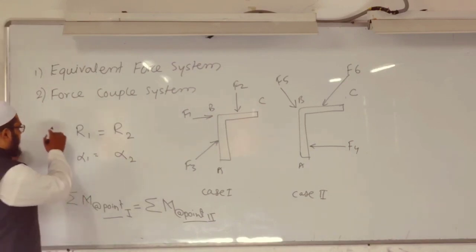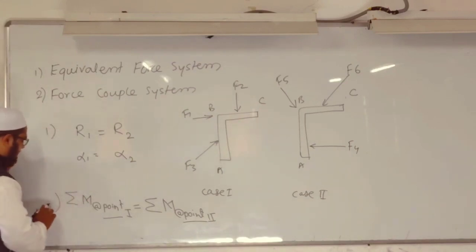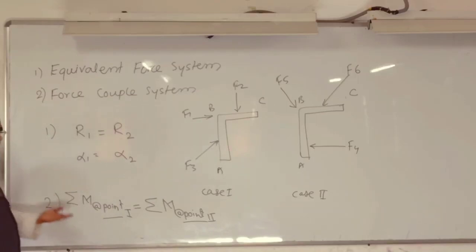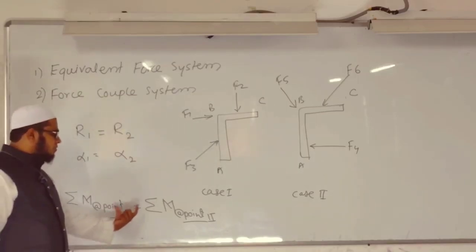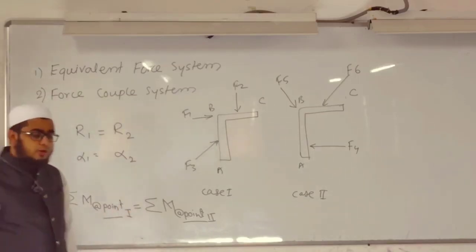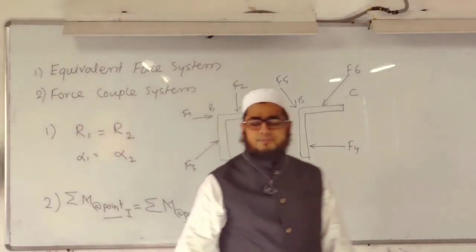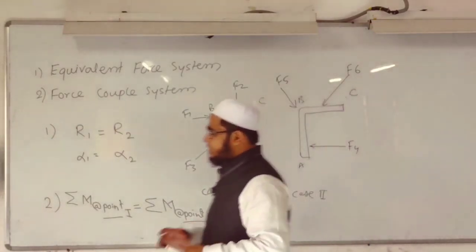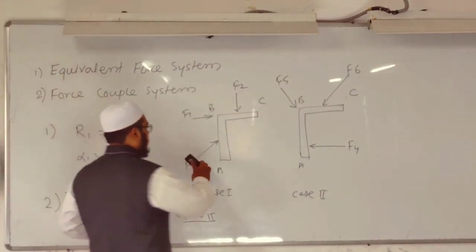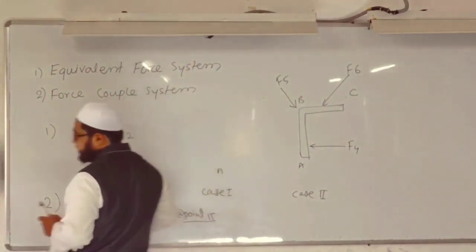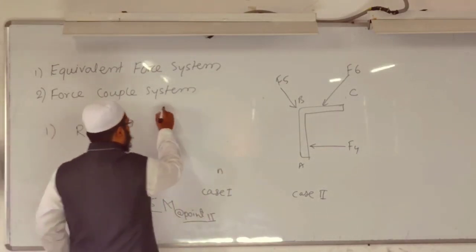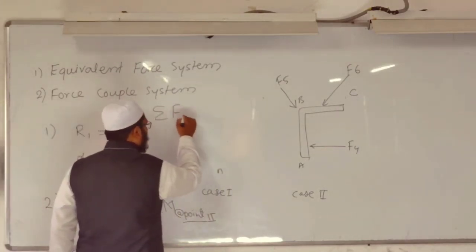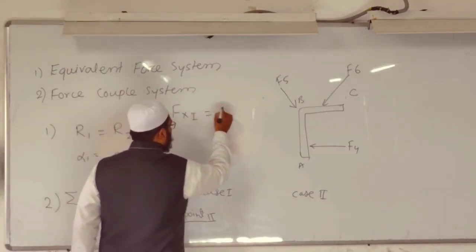Actually we have only two conditions, R1 equal to R2 and summation of moment about a point of the first force system must be equal to summation of moment about a point for the second force system. But we know that summation Fx and summation Fy are the horizontal component and vertical component of the force system.